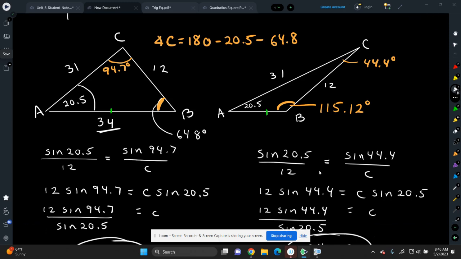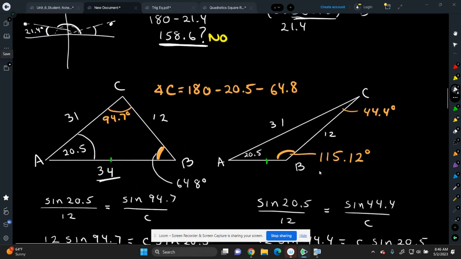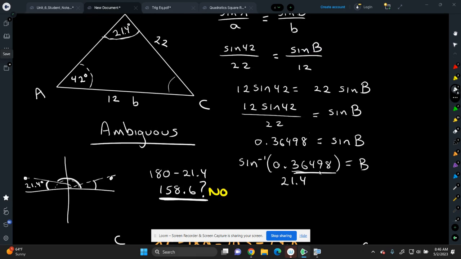So this is a case where there were two completely different triangles. We had to solve both of them, twice as much work. And this is a case where we considered a second triangle, but it didn't work because the angle was too big. So we have to consider that second triangle. Questions?